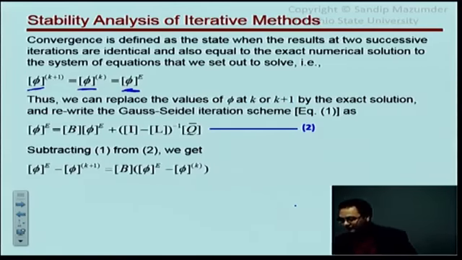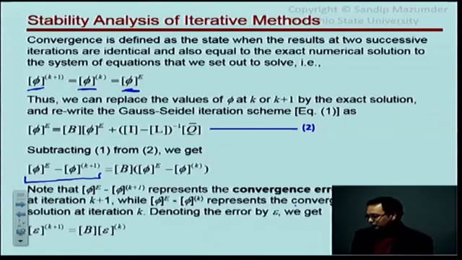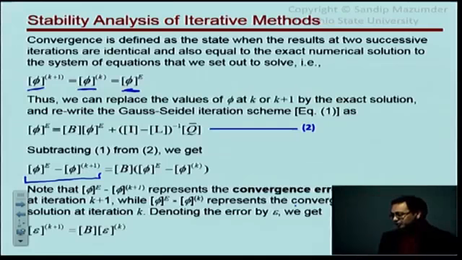Okay? If you recall, we talked about this in the previous class. This is known as the convergence error. It is the error between the exact numerical solution and the solution at any given iteration, due to partial convergence. So that's what we refer to as the convergence error.